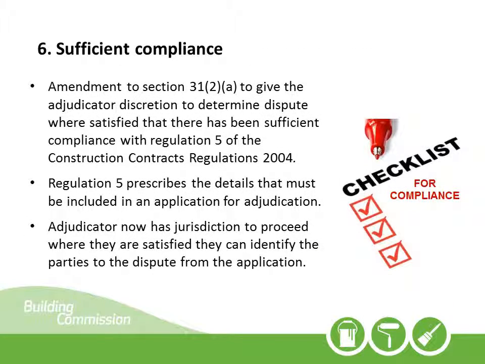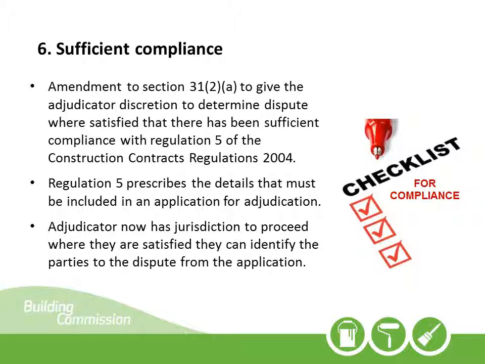A minor change has been made to Section 31(2), Paragraph A, Subparagraph II of the CCA to clarify that an adjudicator has jurisdiction to determine a payment dispute where satisfied that there has been sufficient compliance with the requirements in Regulation 5 of the Construction Contracts Regulation 2004.